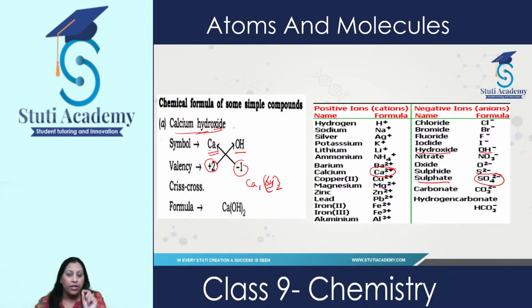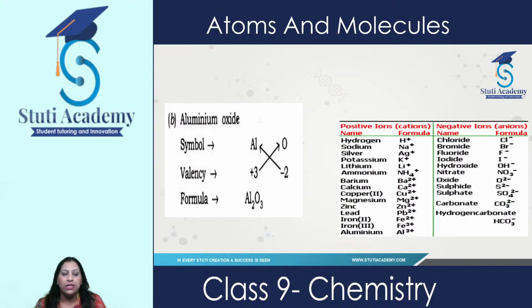According to the rule, if it has polyatomic ions, we write that polyatomic ion in a bracket. This 2 comes with the hydroxide, and no need to write 1 here, it is understood. So you'll write the formula like this: Ca(OH)2. I hope it is clear to everyone how to write this.